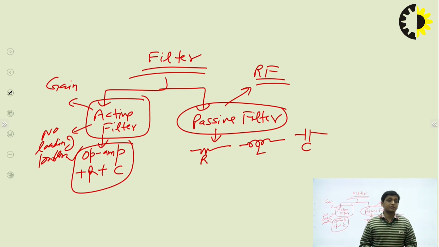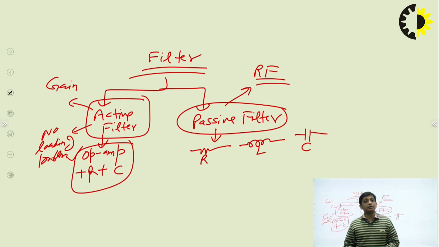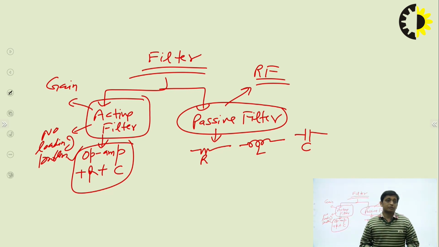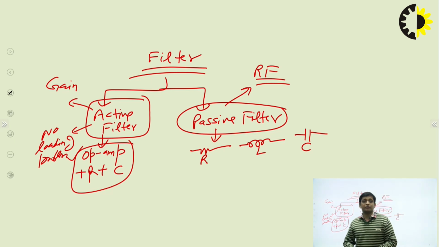So that is the advantage of passive filter. Passive filters can be used at radio frequency easily because the size of the inductor is reduced at high frequency. And as far as the disadvantage of active filter is concerned, the gain bandwidth product and slew rate of the active filters are limited by the op-amp, because in active filters we are using op-amp.